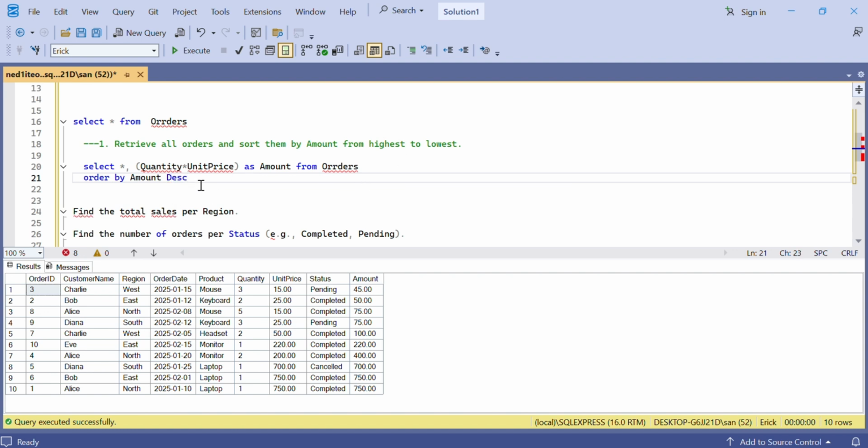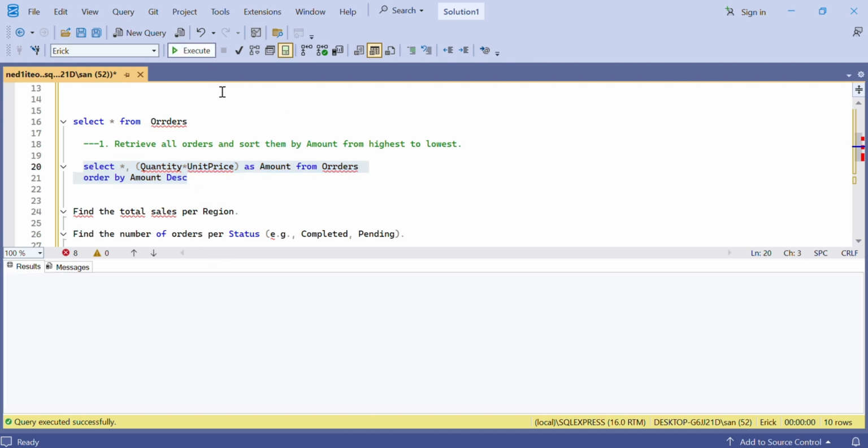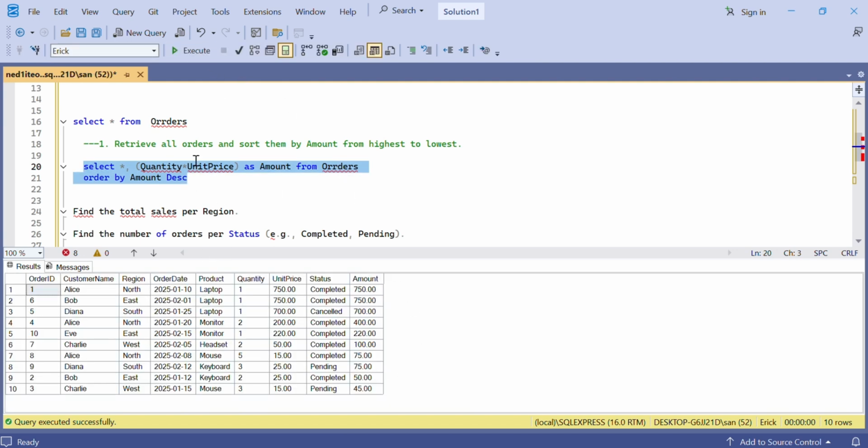So we're going to sort the amount from highest to lowest. First we've calculated the amount, and then we've ordered the amount in descending order. You can see 750 is the highest amount, followed by 700 and so on until the least amount.